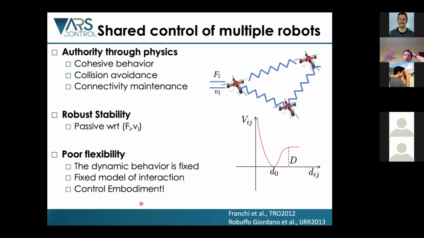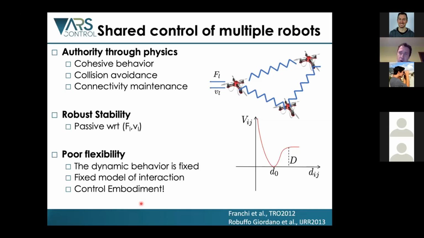Okay, so consider the problem of teleoperation of a multi-robot system. What was one of the early ideas we had? Also in collaboration with Antonio and with Paolo, some years ago now, we developed authority through physics. The human cannot teleoperate more than one robot at a time, and so we decided to interconnect the robots through springs, okay?